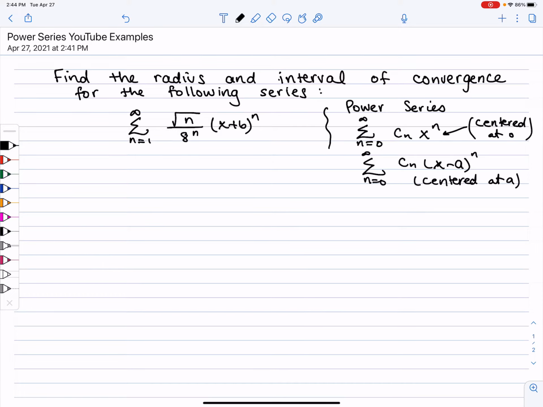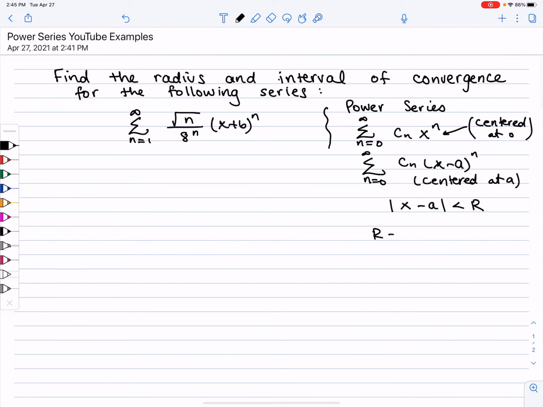And remember, we find the radius of convergence when we have something in the form of x minus a in absolute value less than r. So r is the radius of convergence. And then when you solve that absolute value inequality, you get x minus a is less than r, but greater than negative r.